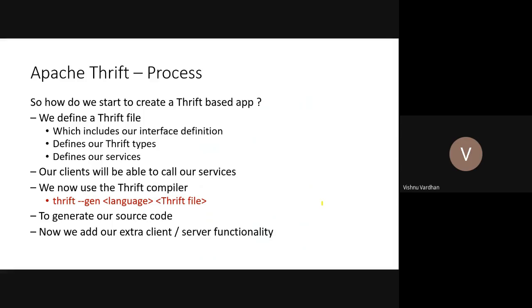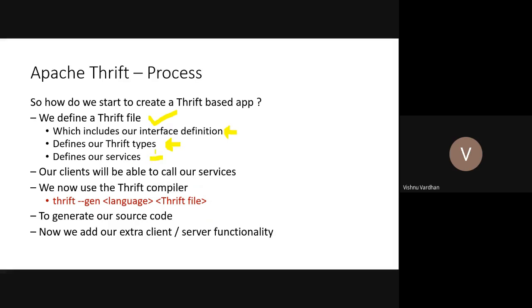So Apache Thrift process. How do we start to create a Thrift based app? We define a Thrift file first of all, which defines our Thrift types. There are Thrift types also, which we will talk about in tomorrow's class. Those Thrift types are actually mapped to respective programming language data types.